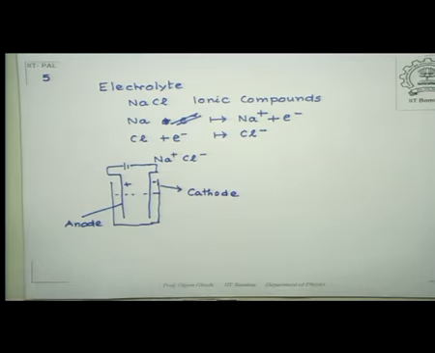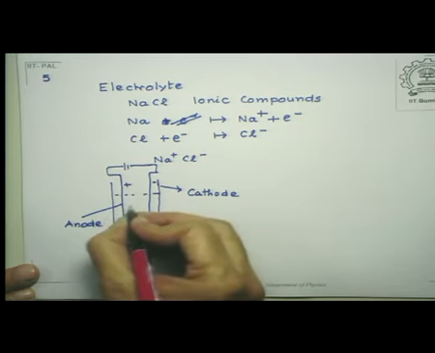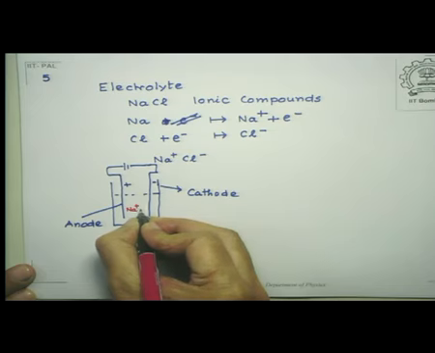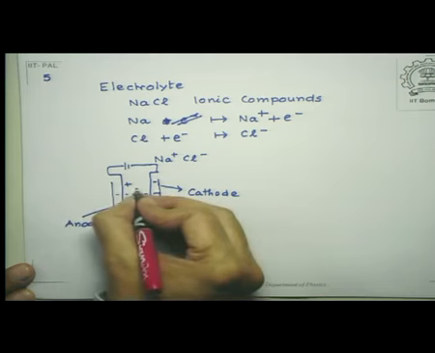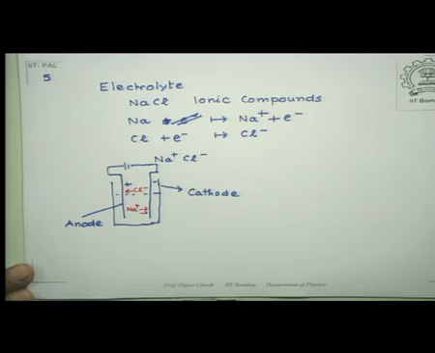Now look at this. Since the cathode is negative, the electrode has the ability of attracting the sodium plus ions. So the sodium plus ions will start moving in this direction. Likewise, the chlorine ions would move in the reverse direction.